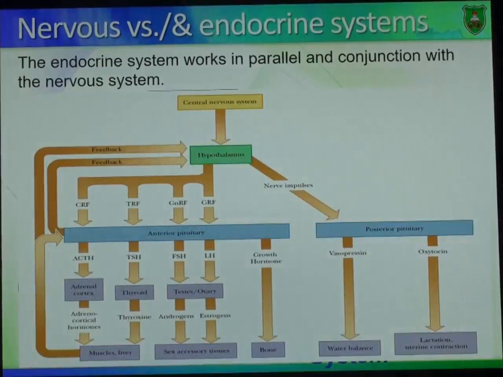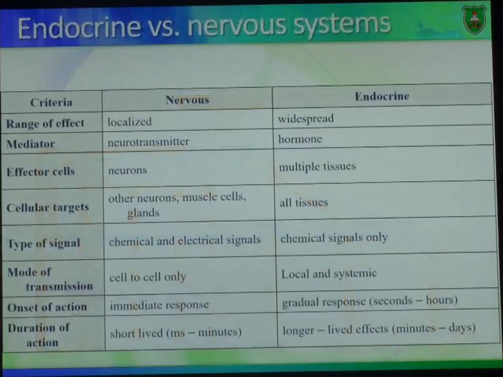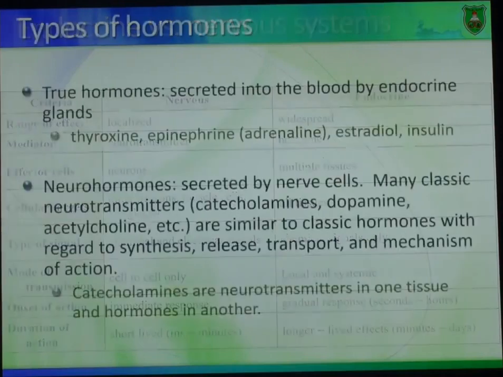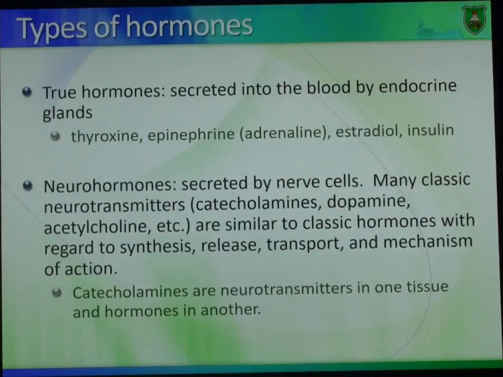So there's this conjunction or association between these two systems working together. In fact, there are some differences and similarities between the nervous system and the endocrine system, so please look at them and read them carefully.